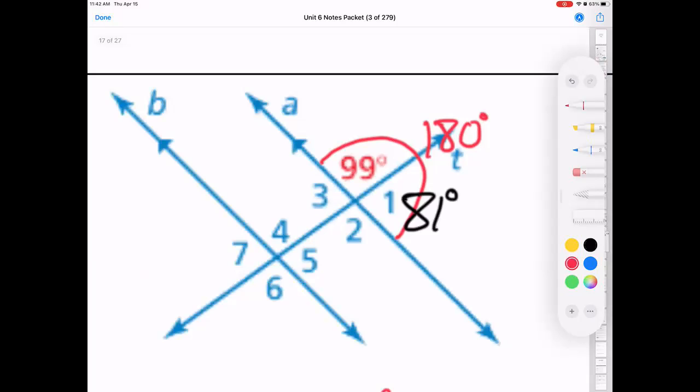So to find angle 2, the fastest way would be vertical angles. So if that's 99, angle 2 must also be 99. For angle 3, also vertical angles. And vertical angles are congruent. So in this case, angle 3 should be the same as angle 1, which is 81 degrees. Okay.